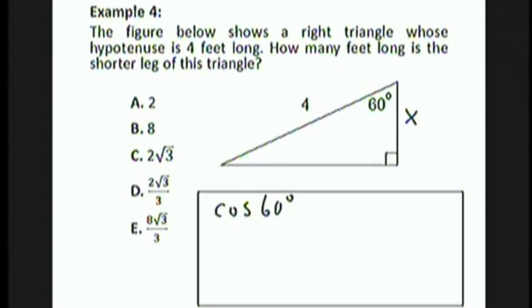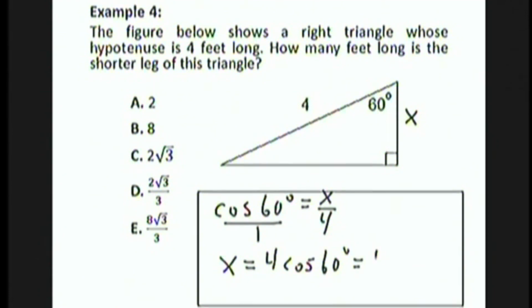Cosine of 60 degrees is equal to adjacent x over hypotenuse 4. Multiplying each side by 4, or if you like, you could put this over 1 and cross multiply, whichever you prefer, we get x equals 4 cosine 60 degrees. Well, the cosine of 60 degrees is a half. You can get that right in your calculator if you want, and I'll show you another way in just a moment. And finally, 4 times a half is 2, so the answer is choice A.